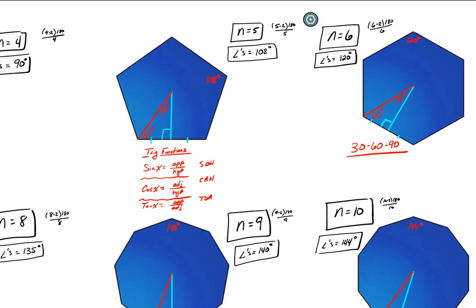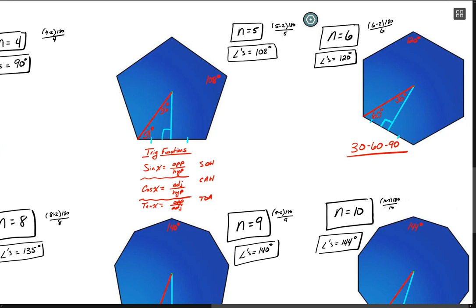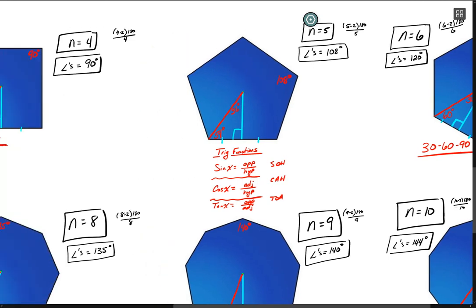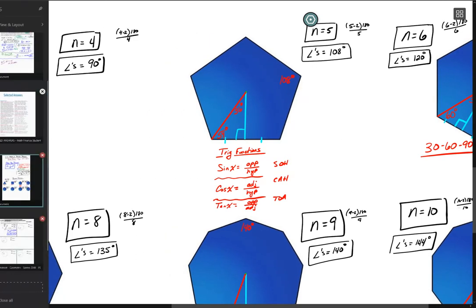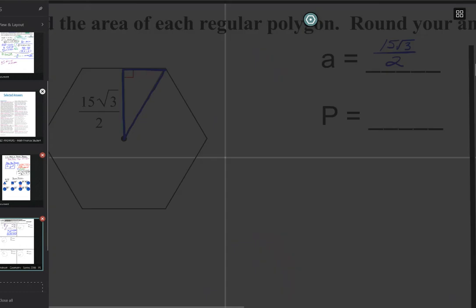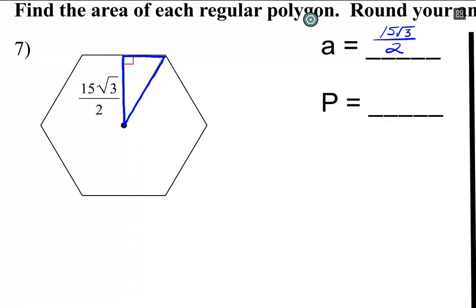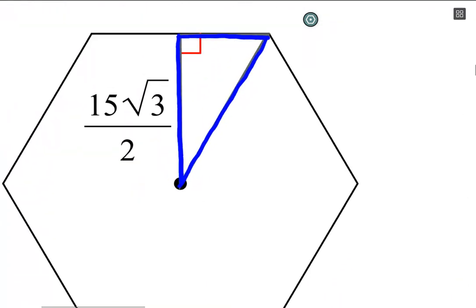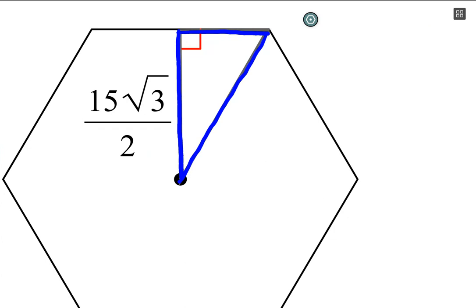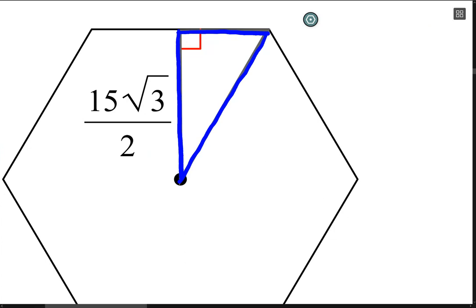6 sides, what? What type do we have? 30, 60, 90. So I know that this is the 60-degree angle and this is the 30-degree angle, correct?